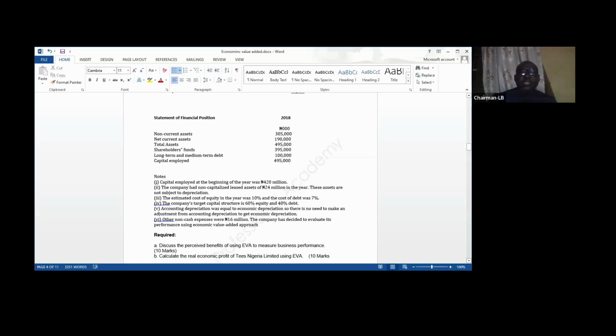Look at that statement. There is no difference between accounting depreciation and economic depreciation. Next note. Other non-cash expense, 16 million. The company has decided to evaluate its performance using economic value-added approach.